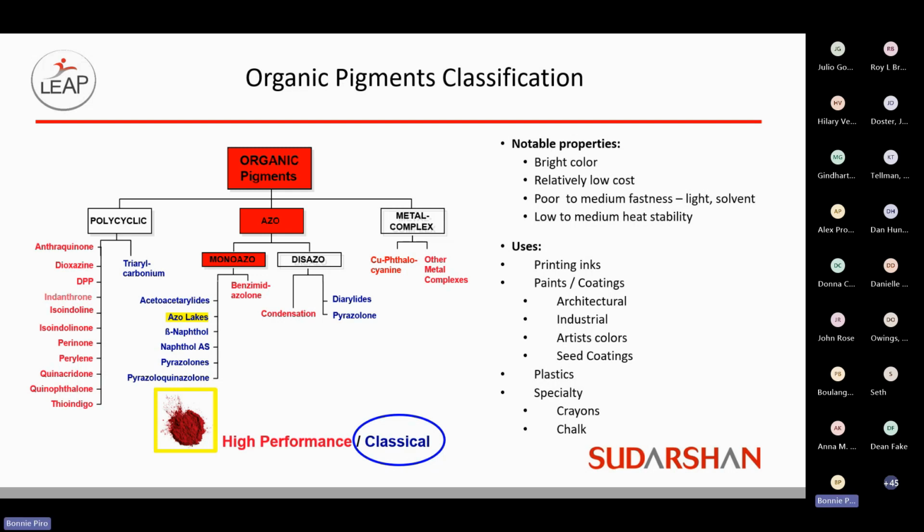They are used in plastics as well, but for plastics which are on the low side of temperature. And then, of course, we see them a lot in specialty areas like crayons and chalk, or in seed coatings.